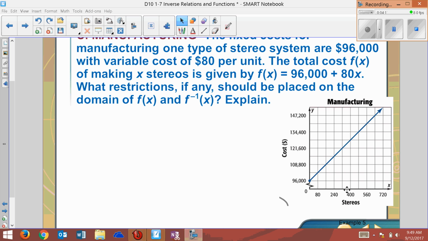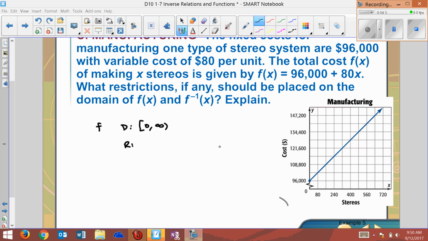We can never have negative stereos. So on the original f, we had a domain from 0 to infinity. The fewest we can make is 0 stereos. And because of that, the lowest cost we could ever have was 96,000. Remember, that was the fixed cost. You always have that cost no matter what, and the cost only went up.